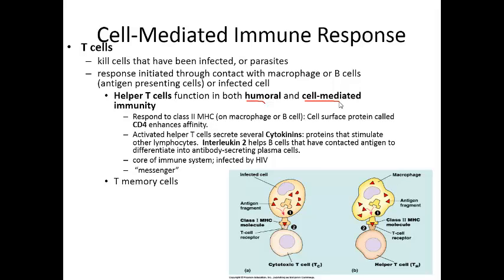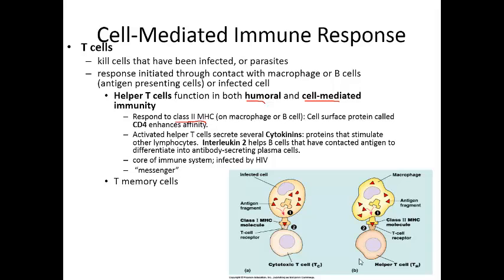It's going to activate both sides of the flow chart. We know that helper Ts respond to a class II MHC. Here you see on the bottom right a macrophage presenting the antigen to the helper T, and it's going to present that antigen using its class II MHC.